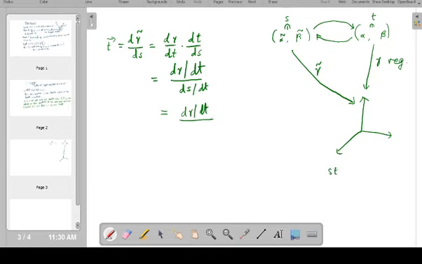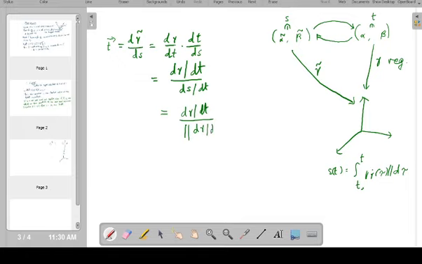So this is equal to d gamma by dt divided by ds by dt. What is s of t? S of t is the integral from t naught to t of the norm of gamma dot of tau d tau. So what is ds by dt? It is the norm of gamma dot of t, which is the norm of d gamma by dt.